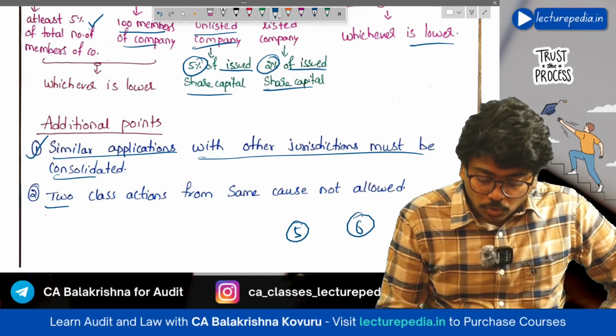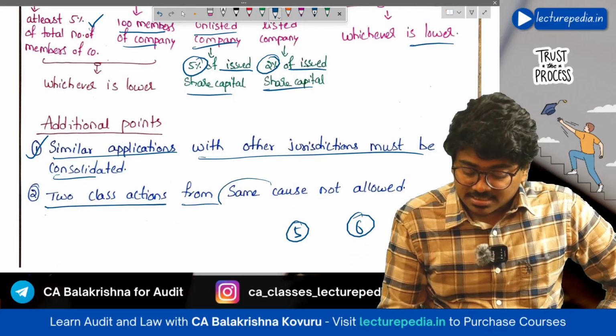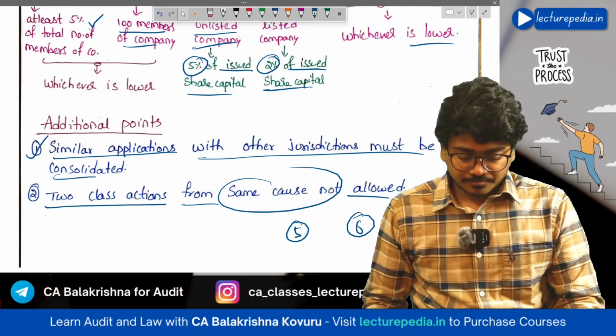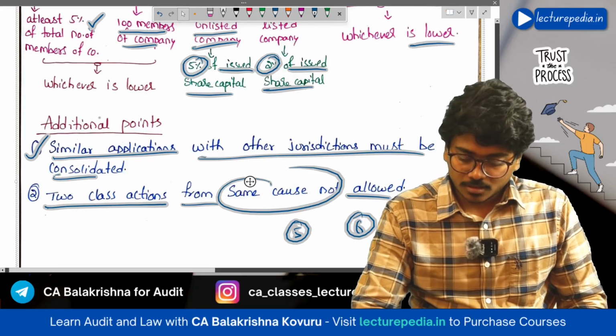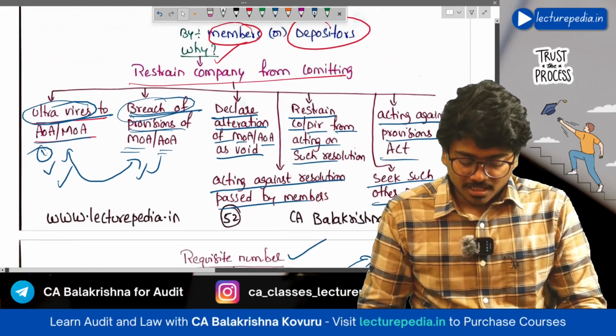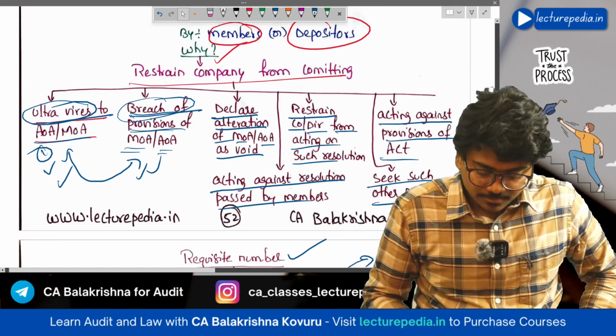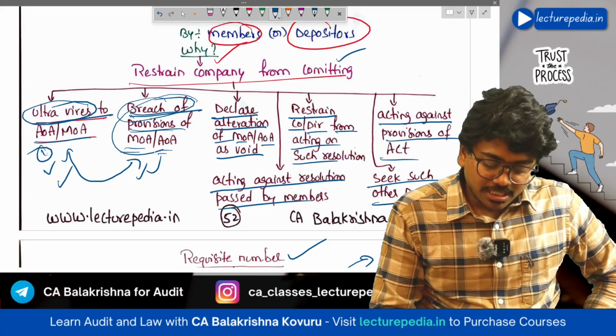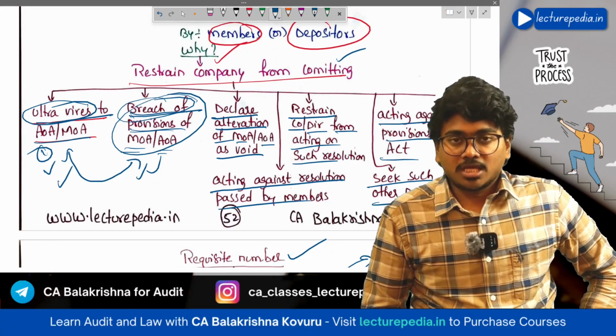Next, two class actions for the same cause are not allowed. Let's say two class action suits are received by the tribunal for the same cause, that is, the company is committing breach of provisions of the MOA or AOA.